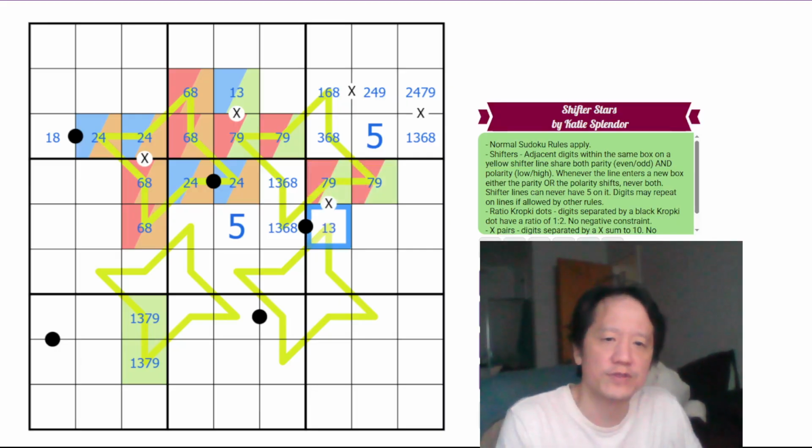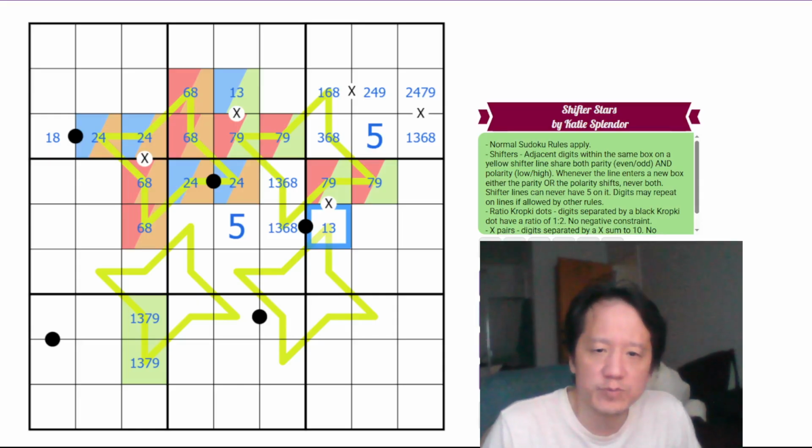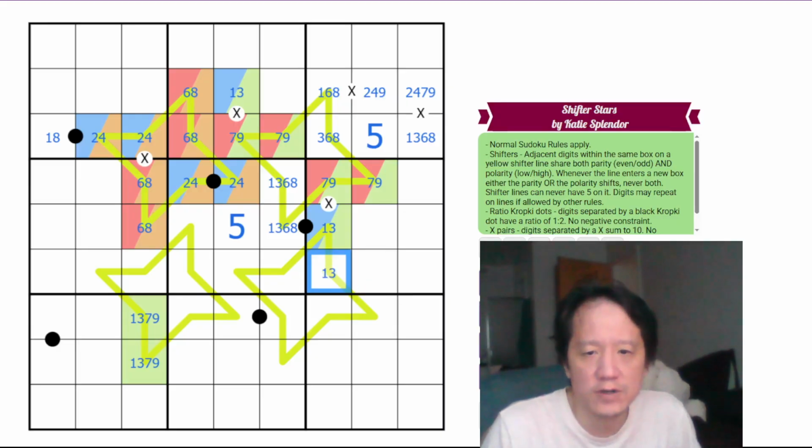Therefore, this is 1, 3, and this must be odd and low, and this must be a 1, 3 pair here, because they are the same parity.